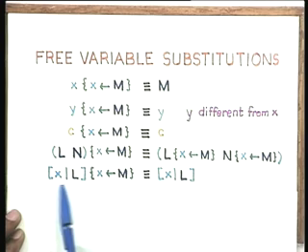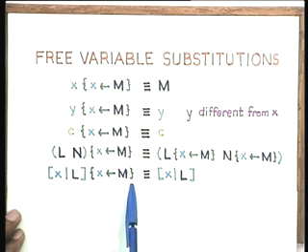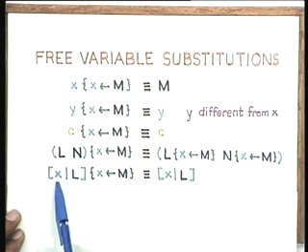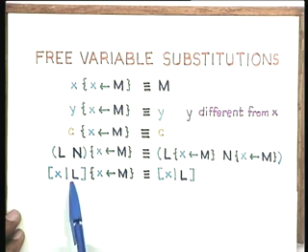If I have lambda x L, then this syntactic substitution clearly refers to an x which is different from this x, and therefore, there is no free x in this scope.